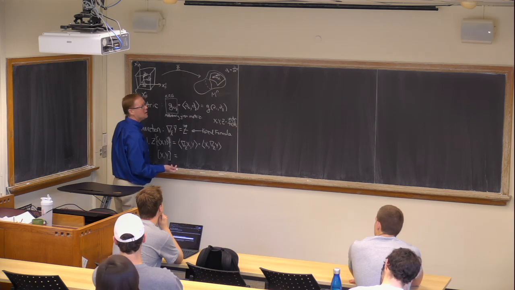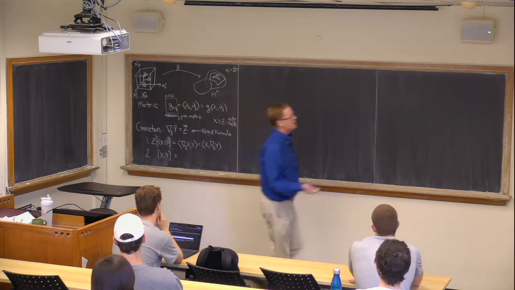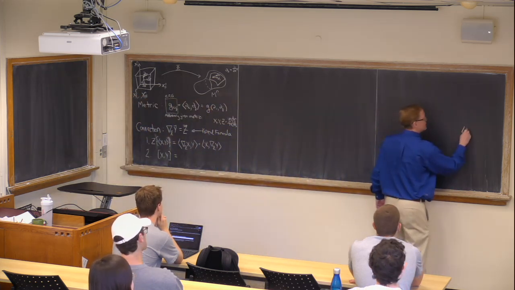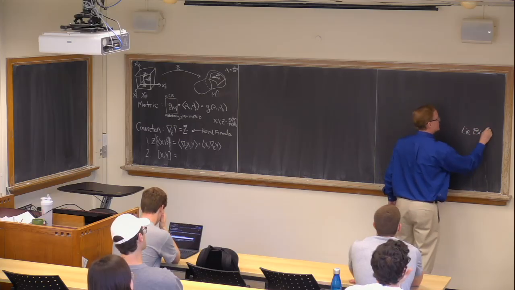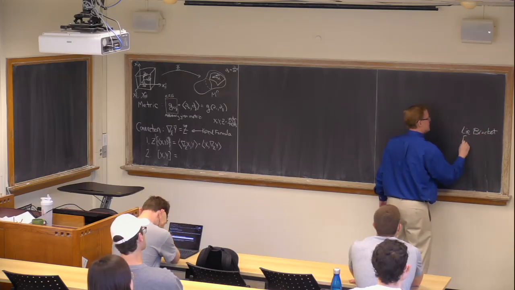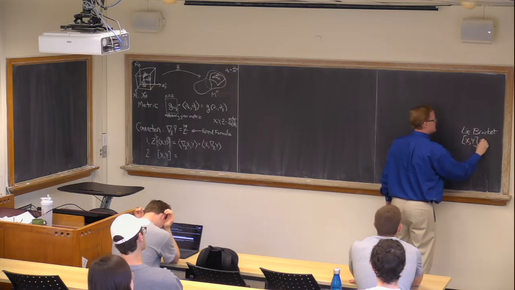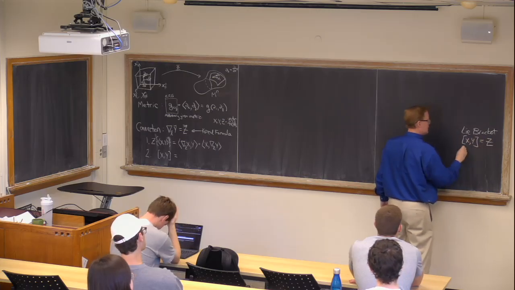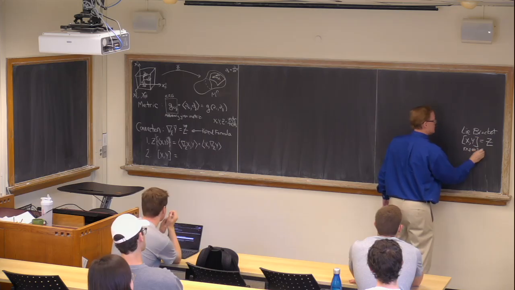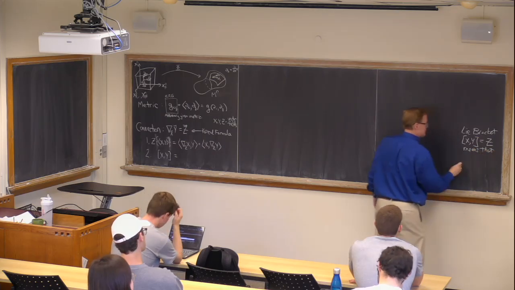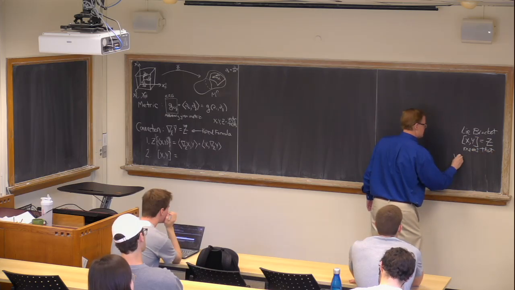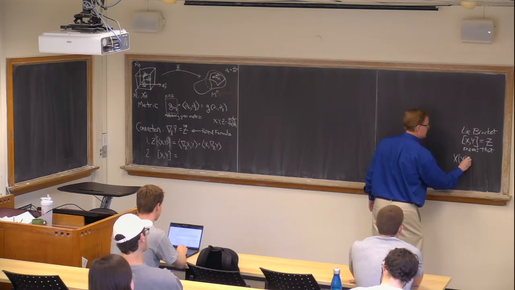Now, just to remind you, and I'll erase it here in a second, we'll say that the Lie bracket of two vector fields x and y is equal to the vector field z means that if you look at these, these are not Lie brackets on here, these are directional derivatives.